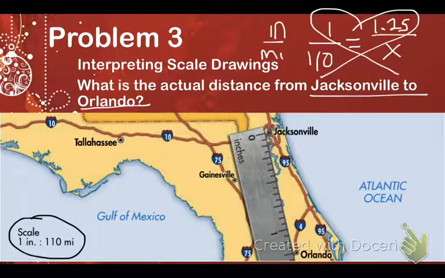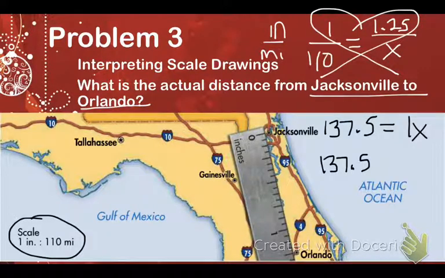Cross multiply and solve. 110 times 1.25 gives me 137.5, and that is equal to 1x, which is the same as x. So Jacksonville to Orlando is 137.5 miles.